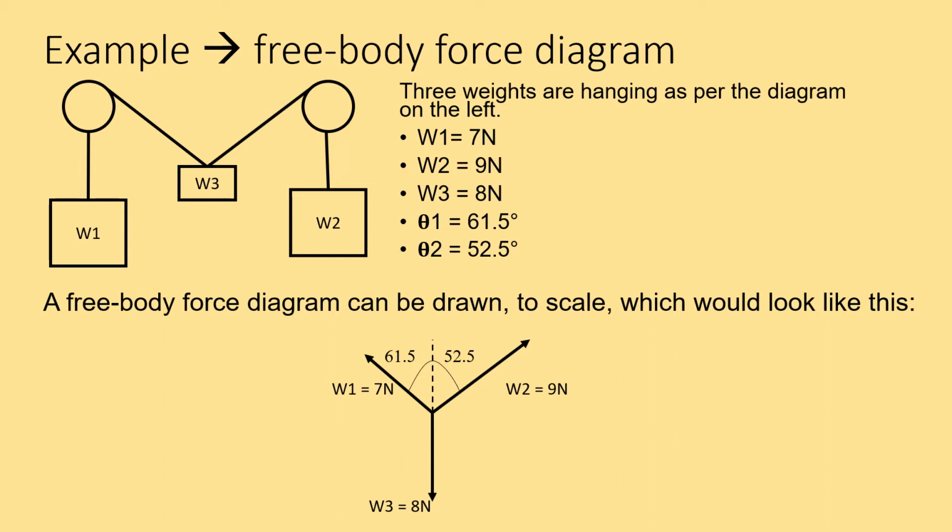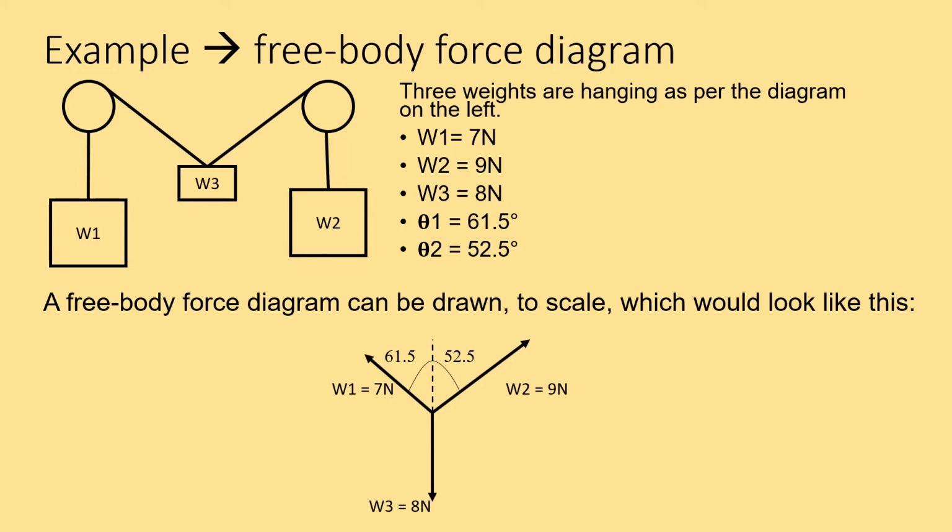Because we're just focusing on weight 3, we're only interested in the tensile forces going off at 61.5 degrees and 52.5 degrees towards the pulleys. Now these forces are exactly the same as the forces of the weights W1 and W2. Okay. So this is what our scale diagram would look like.